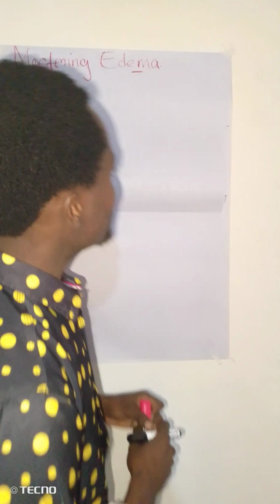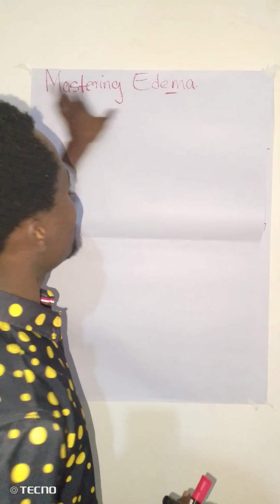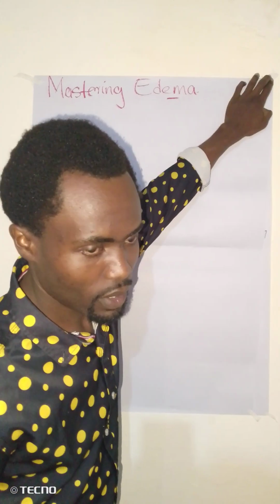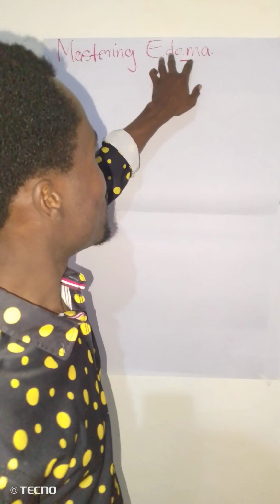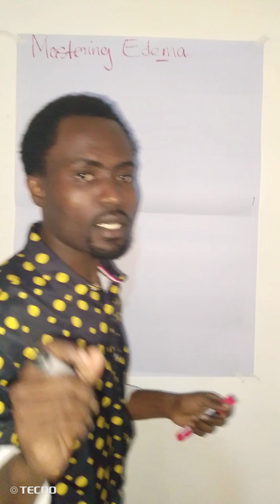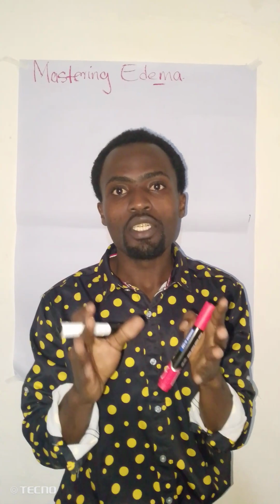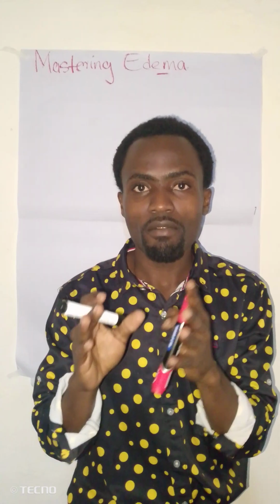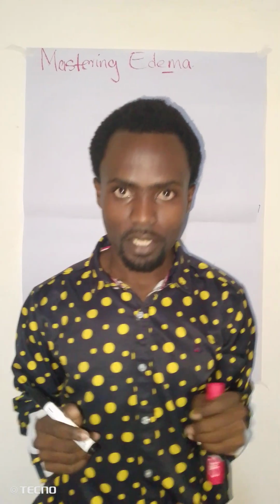In our first lecture, we talked about the definition of edema, and we said that edema is the excessive amount of fluid in the body tissues extravascularly and/or in serous body cavities.